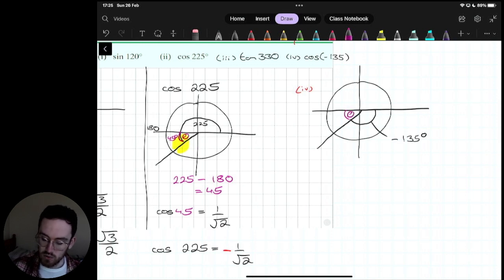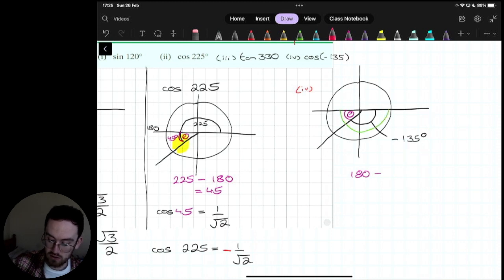I've gone 90 degrees, so if we were to do 360 minus 135, that would give us... no, what am I doing? That's going to give us too big of an angle. What we want to find is that small angle. So I have 180 degrees altogether in this part here.